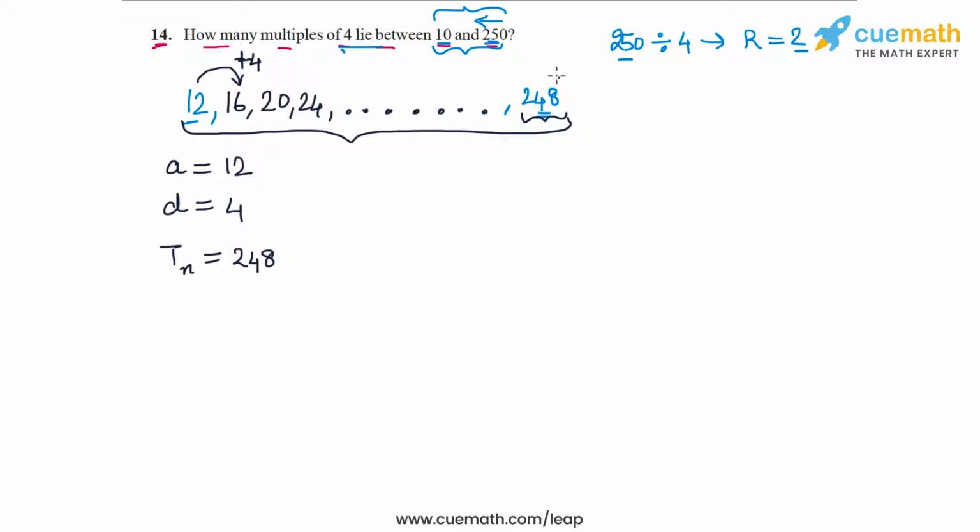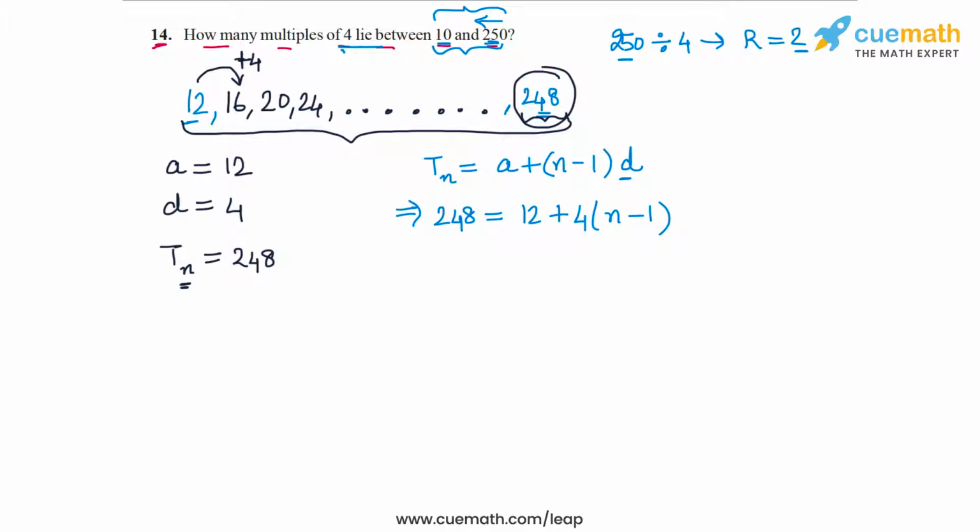To do that, we can just find the position of this last term, the index of this last term. Basically, we can find the value of n. So Tn in terms of a and d is equal to a plus (n minus 1) d. Let's plug in the values. Tn is 248, a is equal to 12, and d is equal to 4. So we get 248 equals 12 plus 4 times (n minus 1).